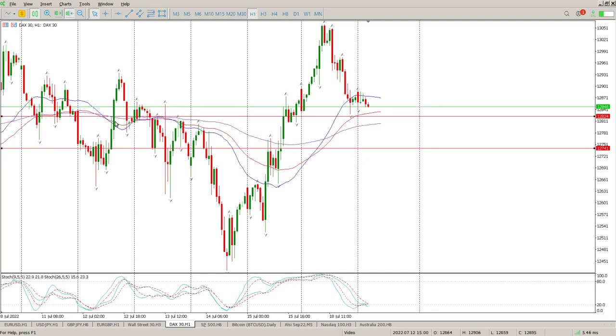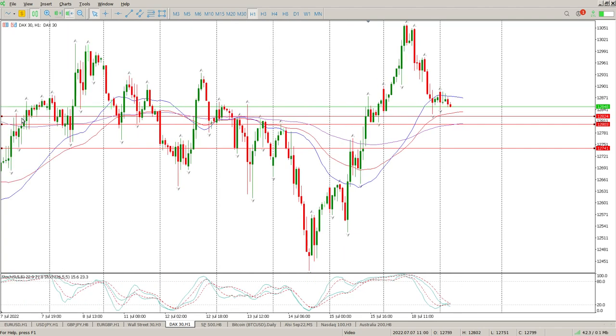But what we're looking for is an area or a zone here for support. Remember, what we're looking for is each one of these inside tails here. So you can see, if I just scroll to the left, you can see all the tails that are interacting with these two levels here. So I'm looking for price to come back into 12824 to 12800.